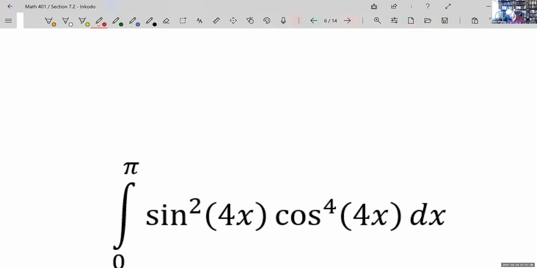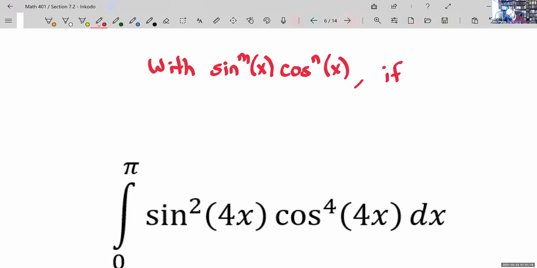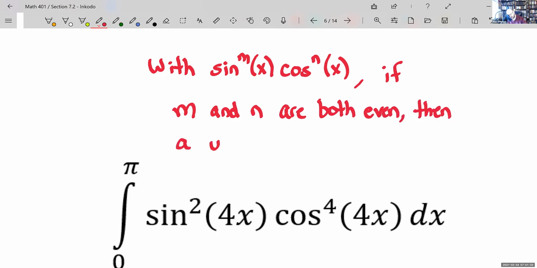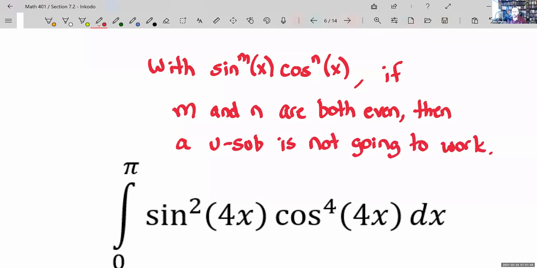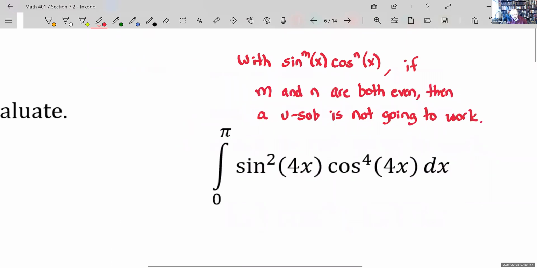With sine to the m power of x times cosine to the n power of x, if m and n are both even, then a u sub is not going to work.